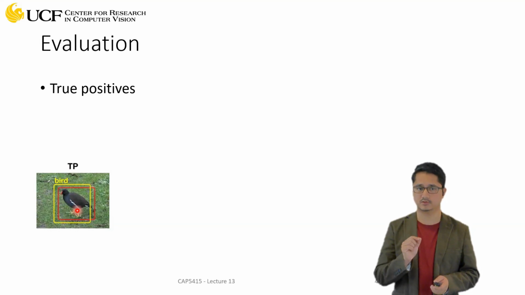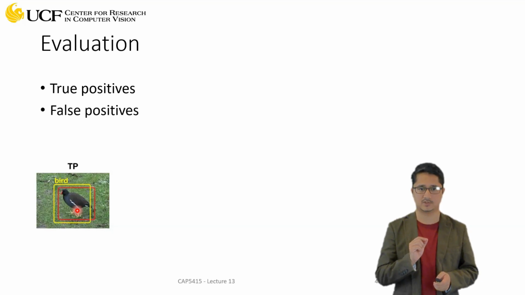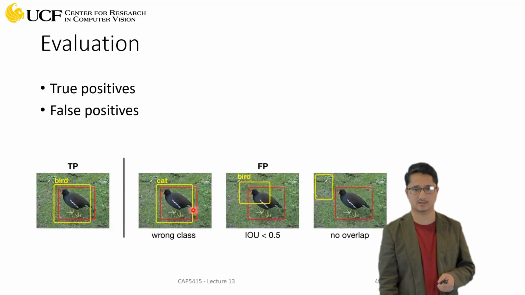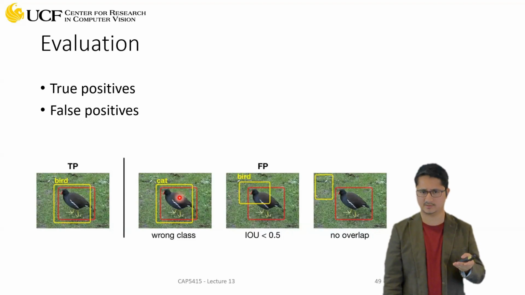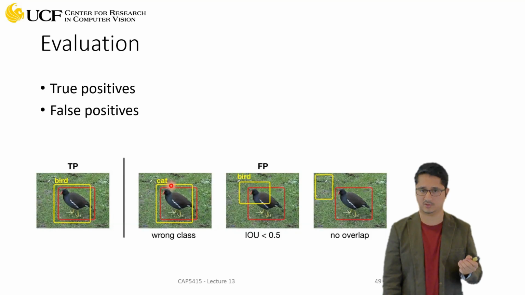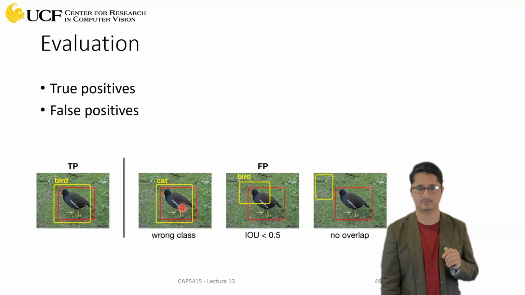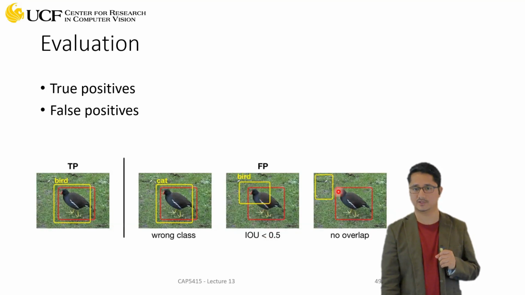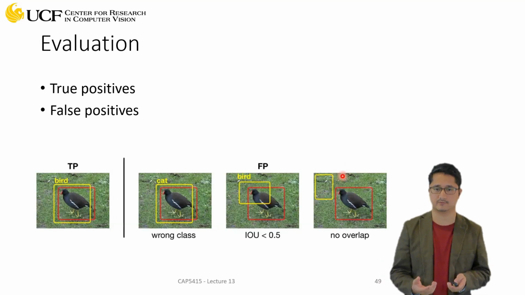Then this prediction is a true positive. Then of course there will be a lot of false positives, with a lot of variations. Your intersection over union might clear the threshold, greater than 0.5, but the model says it's a cat. That's a false positive. Or your network might say this bounding box is a bird, but the intersection over union is less than 0.5. Again, that's a false positive. And if there is no overlap at all, of course, that's a false positive.